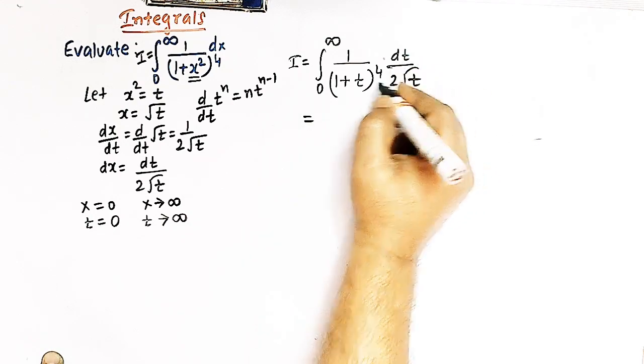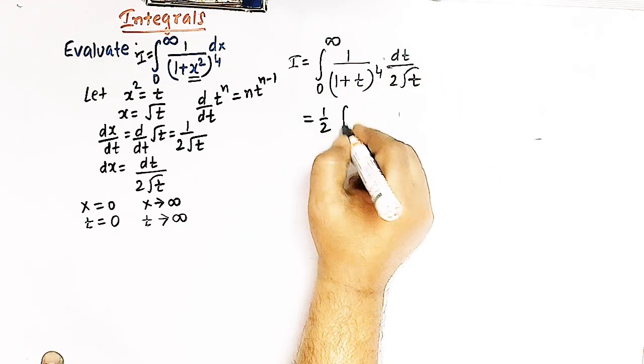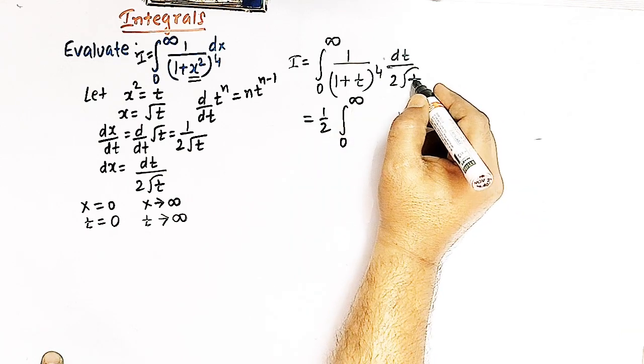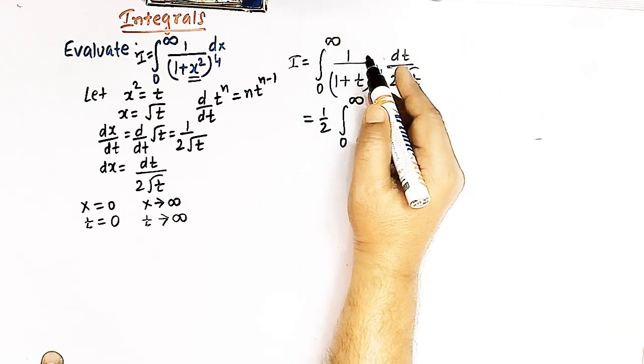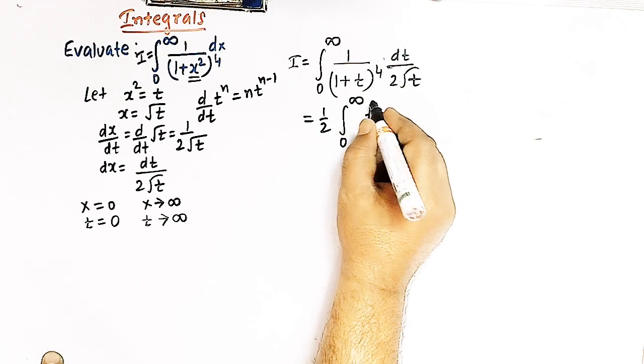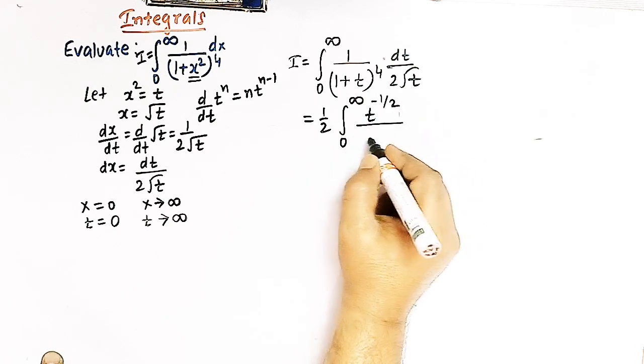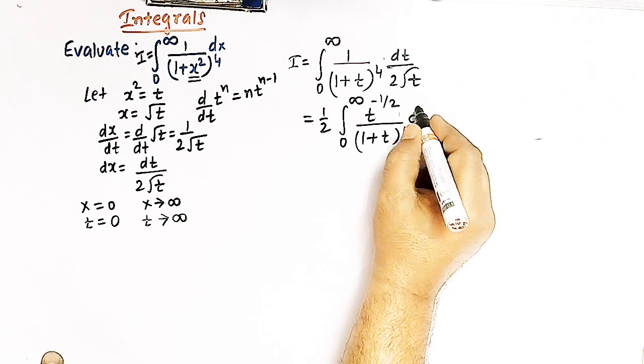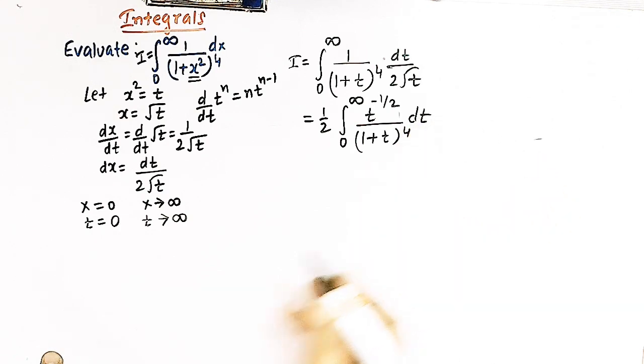Now taking half outside the integral, we have half times the integral from 0 to infinity, and taking t raised to half to the numerator, we have t raised to minus half, and here we have (1 plus t) raised to 4, and dt, right?